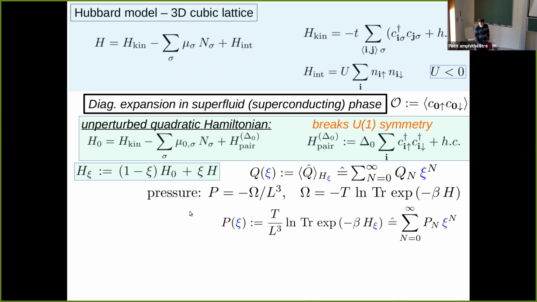We will also be interested in the pressure, in other words, the thermodynamic grand potential per unit volume, defined in the usual way as the log of the partition function. And for this guy, to make it psi dependent, naturally, we just replace h with h psi, and then expand in powers of psi.